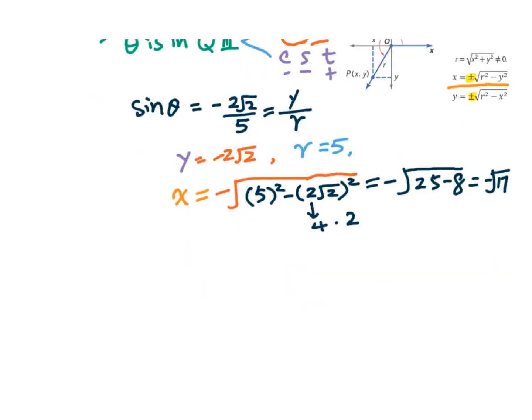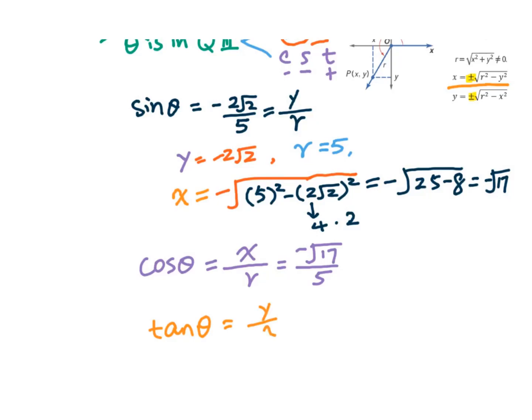So we got x equals negative square root of 17. Therefore, for cosine theta, that will be x over r, meaning negative square root of 17 over 5. For tangent theta equals y over x, that is negative 2 square root of 2 over negative square root of 17.